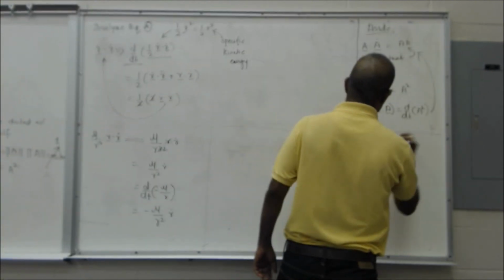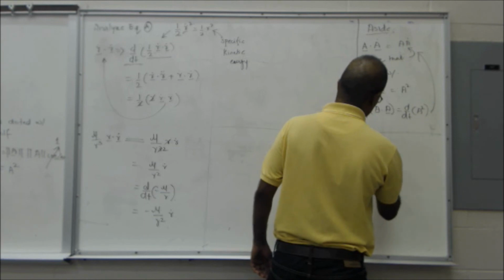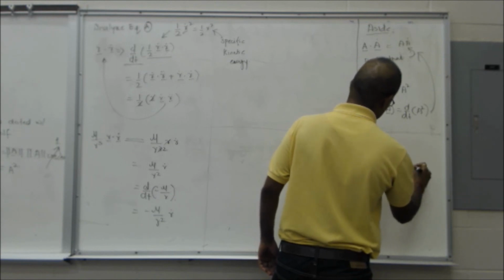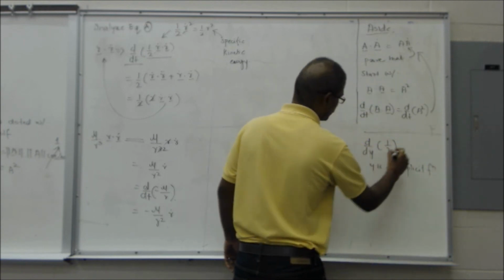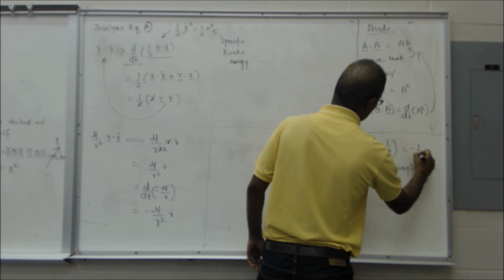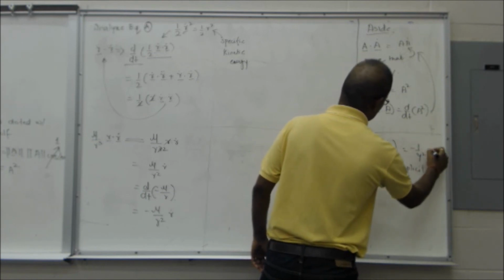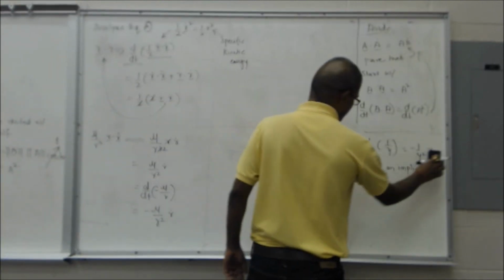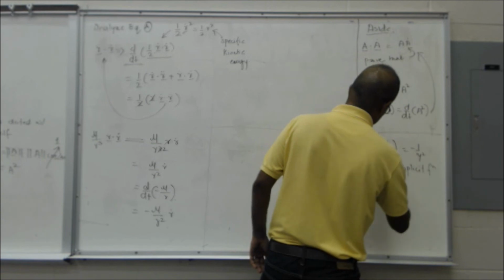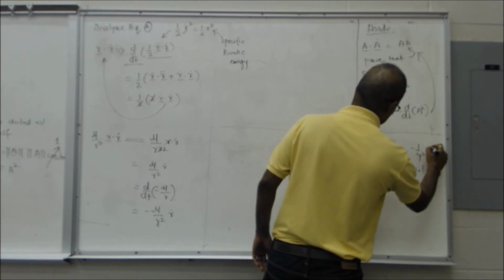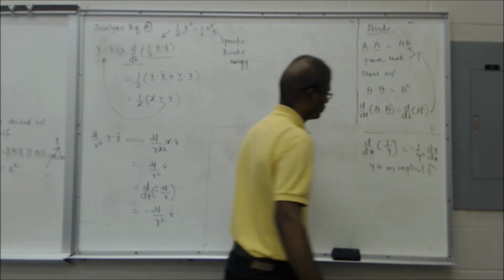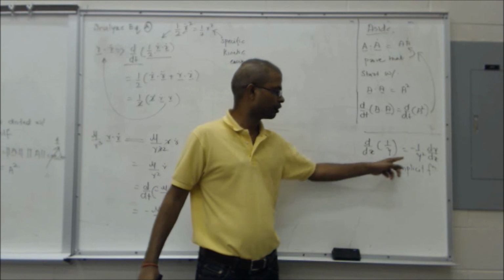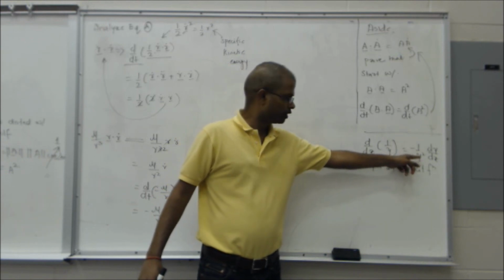The derivative of 1 over y, where y is an implicit function: if you have y as a function of x and take the derivative with respect to x, you get minus 1 over y squared times dy over dx.